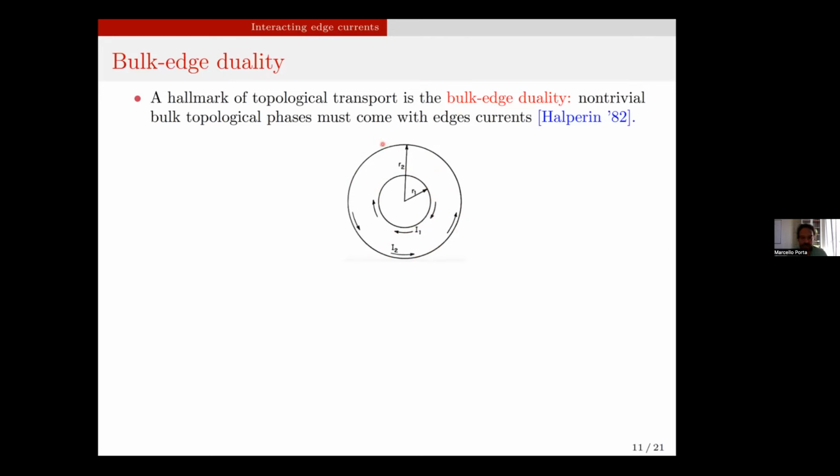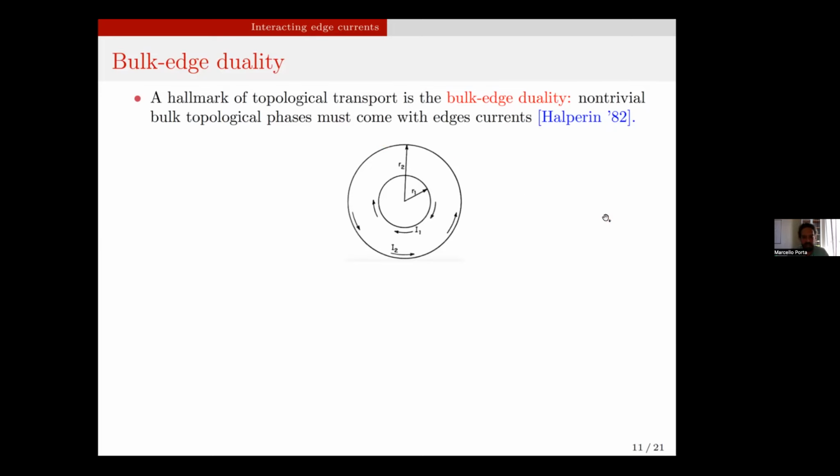This was an observation that was pioneered by Halperin at the beginning of the 80s, and it is by now a very important feature of all the topological phases of matter that have been discovered afterwards.